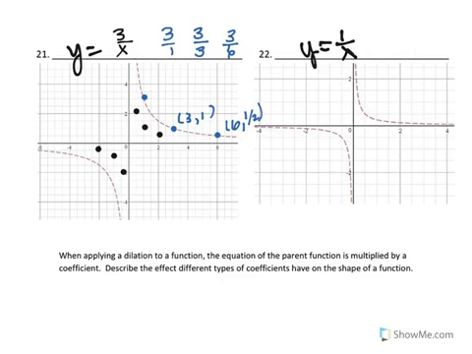So let's plot our original points of 1, 1, 2, 1/2, and 1/2, 2. And here we can see that it's compressing down. So we would expect a fraction here. And if we look again for some nicer to read ordered pairs, we can see one at 1/2, 1.